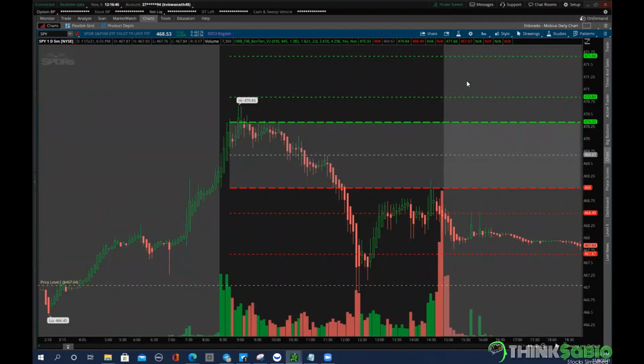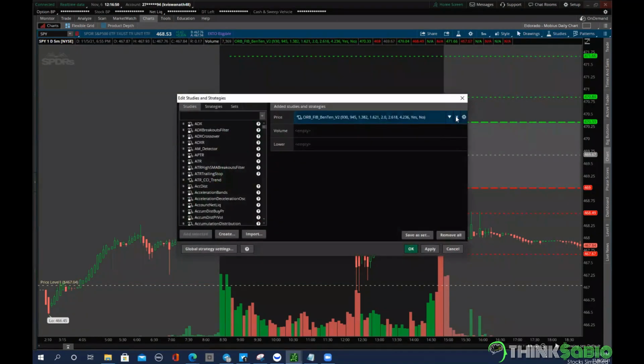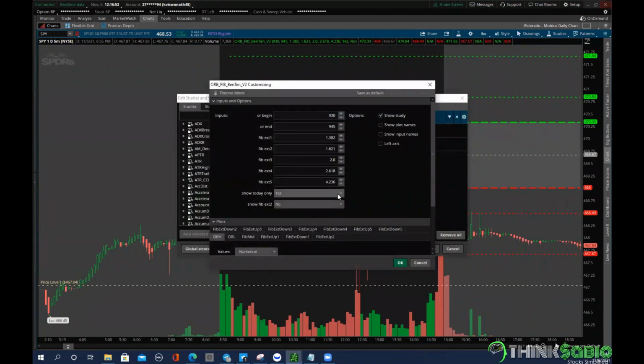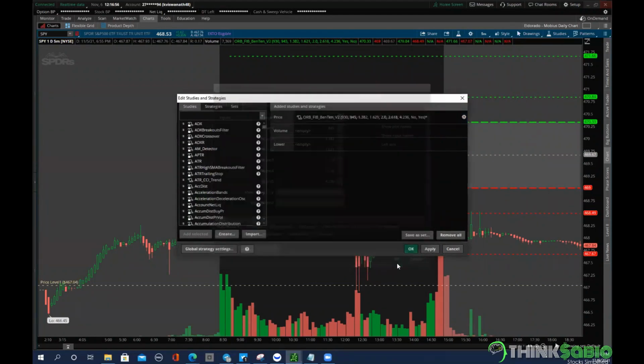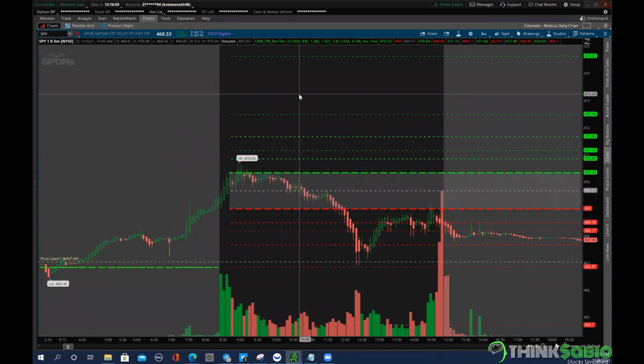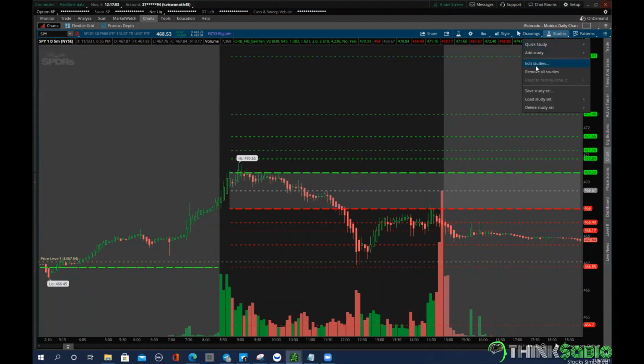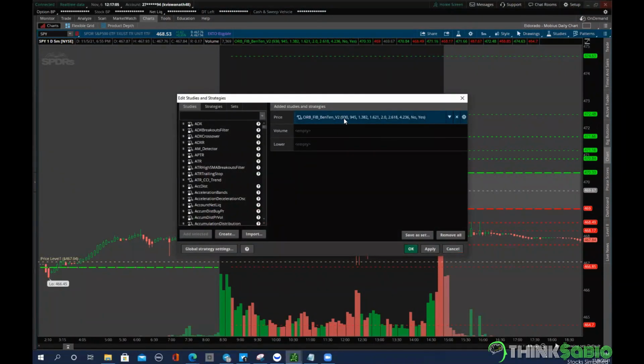ORB is pretty simple. Let me adjust this a little here. Okay. So the time that I have in my studies for this ORB is 9:30 to 9:45, the first 15 minutes.